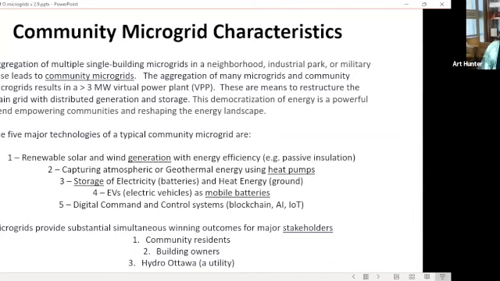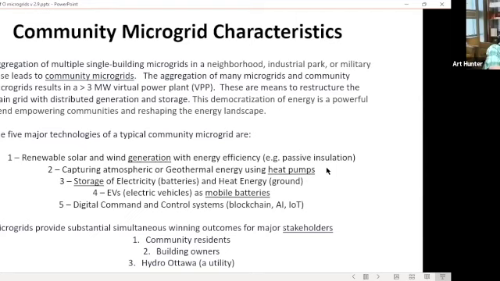The 5 major technologies of a typical community microgrid are, of course, renewable generation, as well as energy efficiency. That includes any passive techniques like adding more insulation and closing up windows that leak.